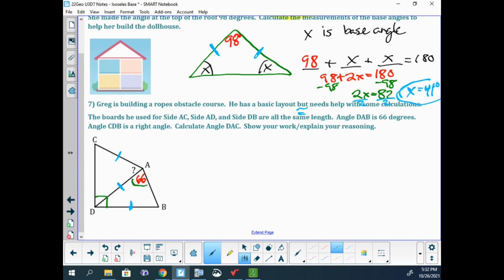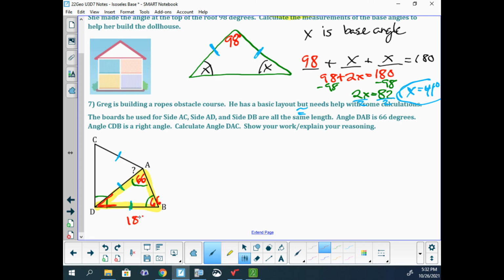So 66 is one of my base angles, and the other base angle is right here. So I'm going to also write a 66 there. So we can find the third angle in that yellow triangle. It's not 90. The whole thing is 90, but we're just interested in that little bit in the middle there.